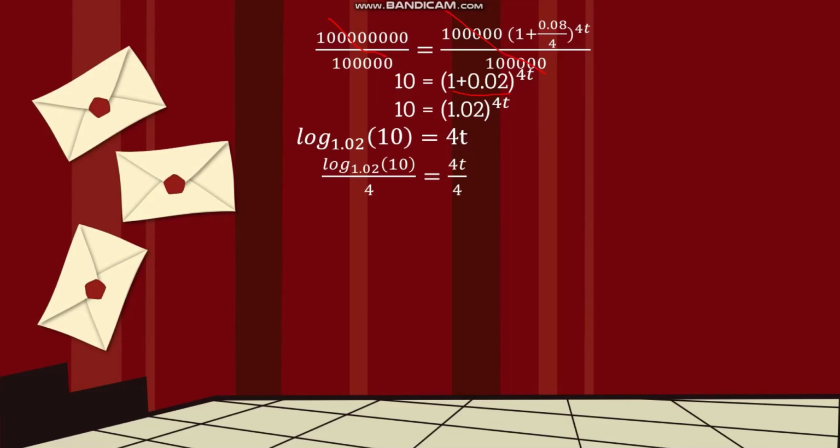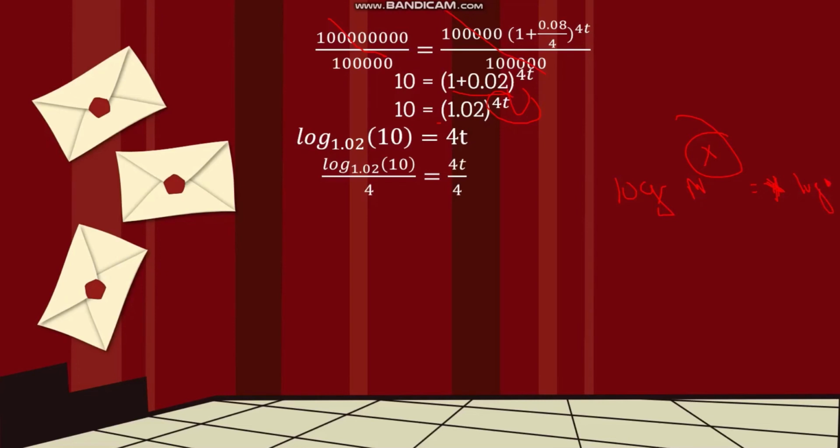Okay, the next thing we will do is make a way to bring this t down from the exponent. So let's apply the rule of logarithms. Let's get the logarithm of both sides of our equation. We have the logarithm of m to the power of x is equal to x times the logarithm of m.